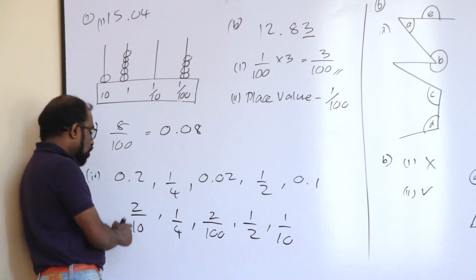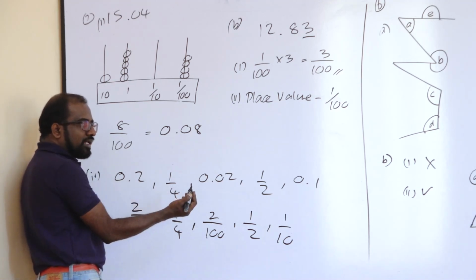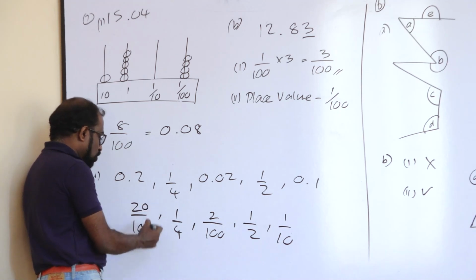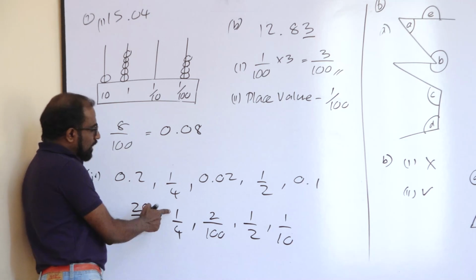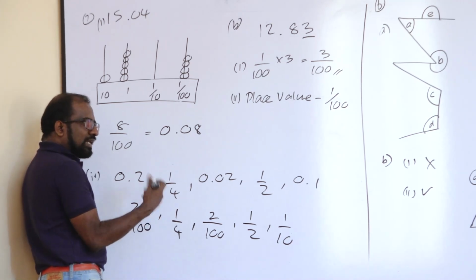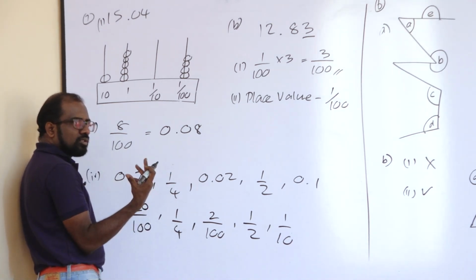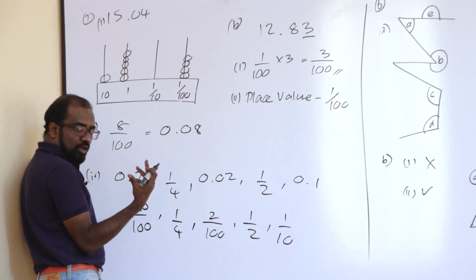2/10, multiplying by 10, becomes 20/100. Equivalent fractions. For 1/4, how much is 100 divided by 4? 25.